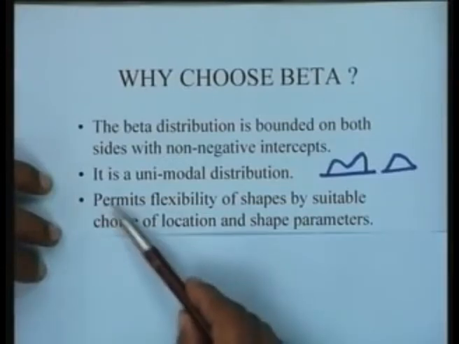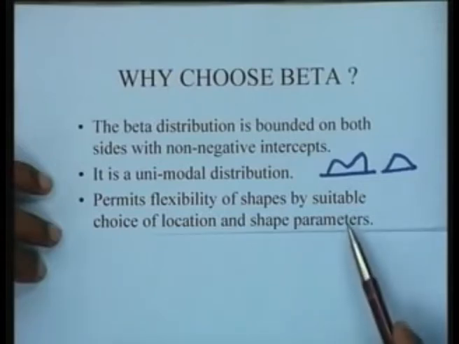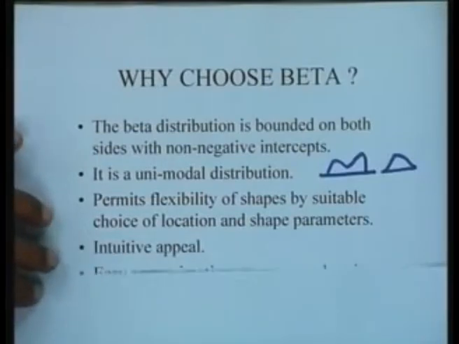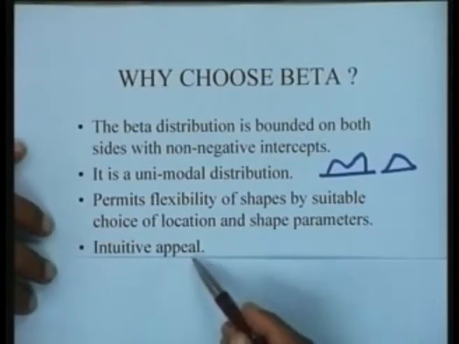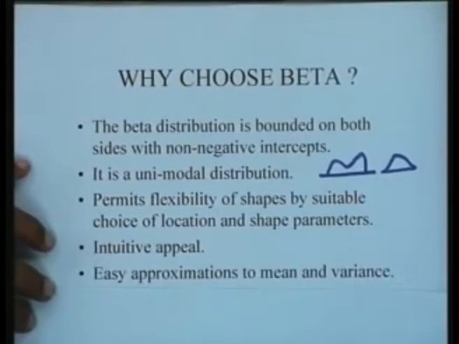Then the beta distribution permits flexibility of shapes by suitable choice of location and shape parameters. This we just saw, that by choosing different values of the shape parameters, you can give a different shape to the distribution. It has an intuitive appeal because of the factors that we just mentioned, and it permits easy approximations to computations of the mean and the variance.